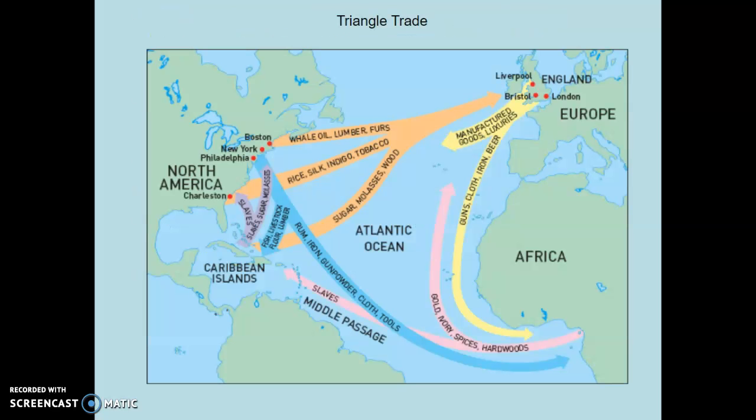So here's a diagram, a map of the triangle trade. Up here you've got Europe, taking all these manufactured things down to Africa, purchasing enslaved people, taking them across the ocean, selling them into North, South, and Central America, and then purchasing all kinds of raw materials like indigo and tobacco, and then taking it back to England and selling them throughout Europe from there.